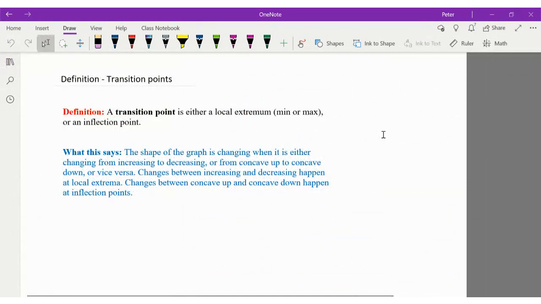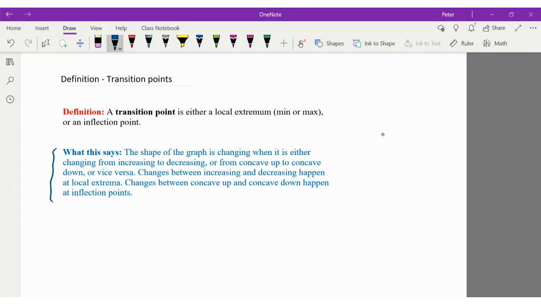Okay, so one definition that we need in graph sketching is something called a transition point. A transition point is either a local extremum or an inflection point. In other words, this is a point where the shape of the graph is changing, and that's really what I've written here. We're talking about some place where we have to consider that the graph is changing in some way.